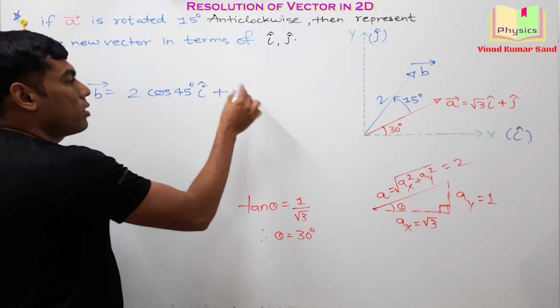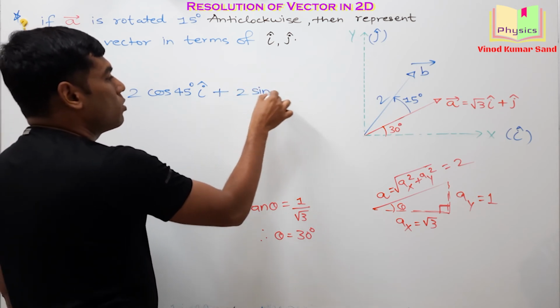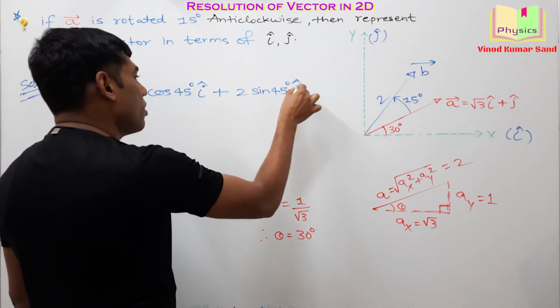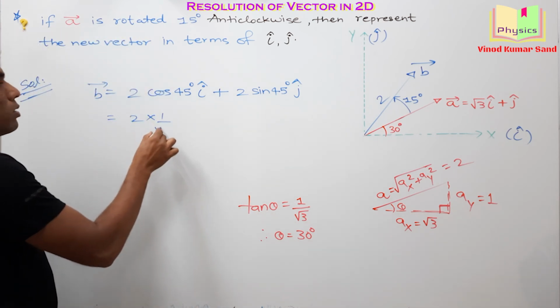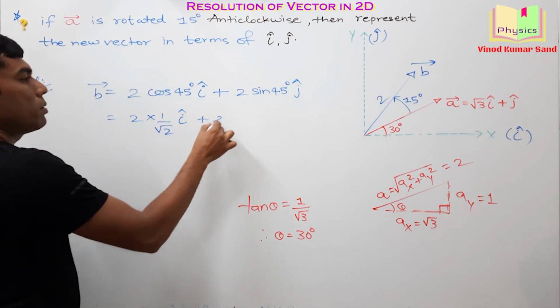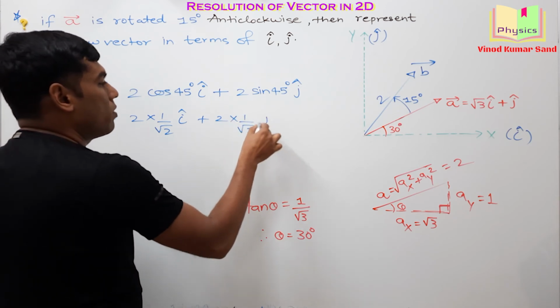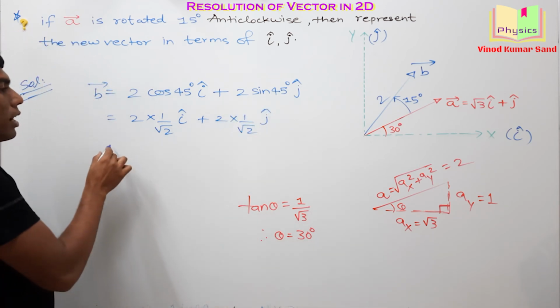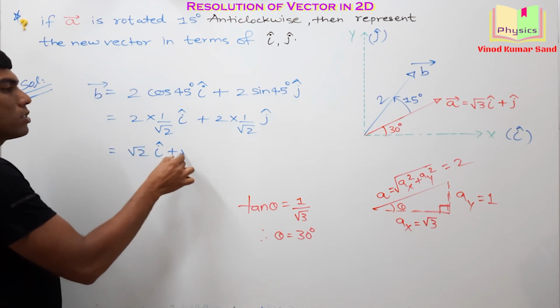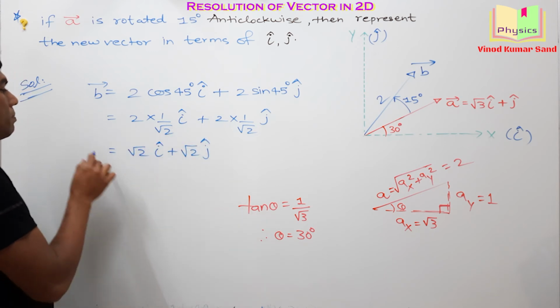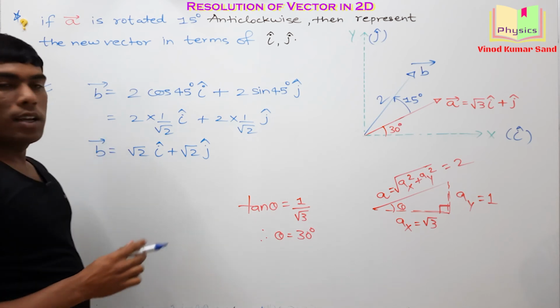The y component of the B vector will be written as 2 sine 45 degree of j cap. Let's simplify it. 2 into 1 by root 2 of I cap plus 2 into 1 by root 2 of j cap. So the answer here is root 2 I cap plus root 2 j cap. This is the B vector.